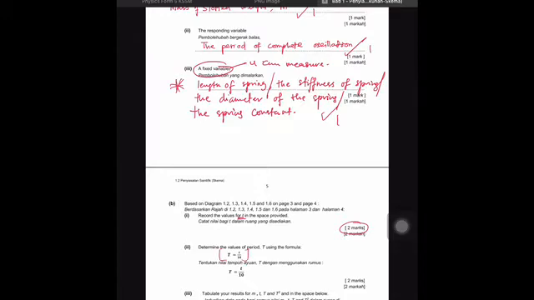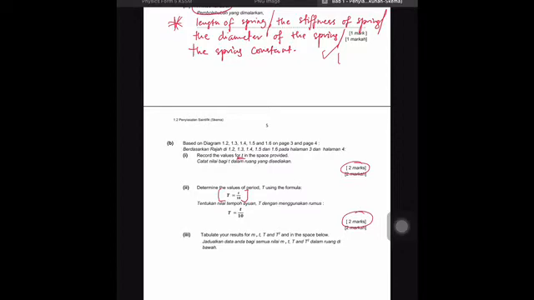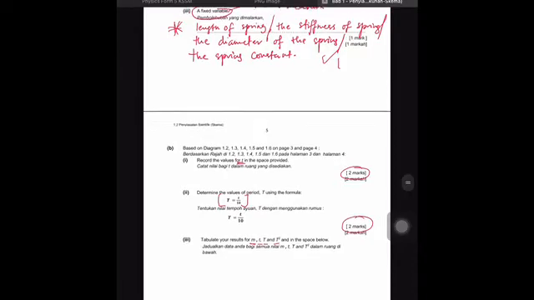Even though they didn't give you information about this previously, with your logic you can already detect what is T capital and what is t small. Then write down all the answers and tabulate your results for m, T, and T square in the space below. This one we do later. First we need to do 1 and 2.